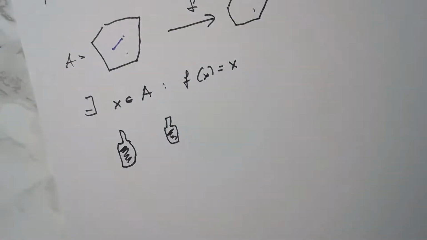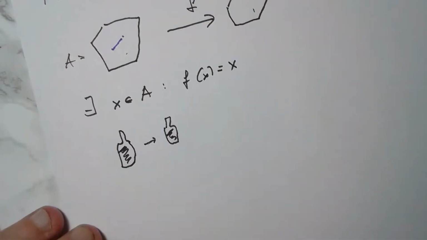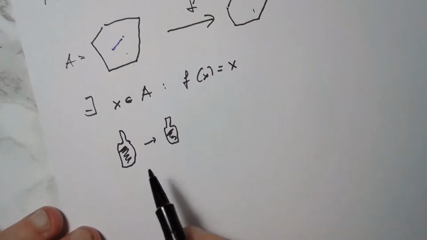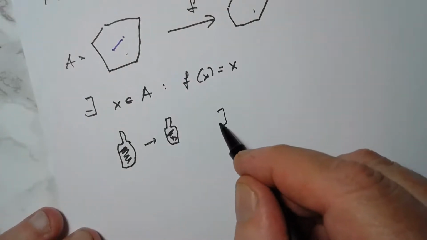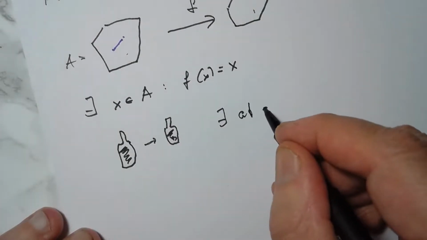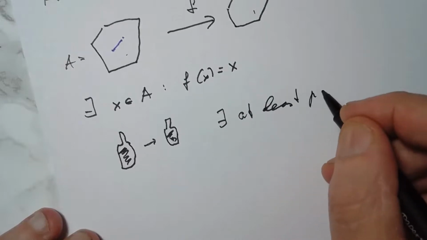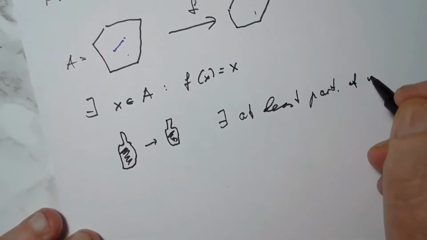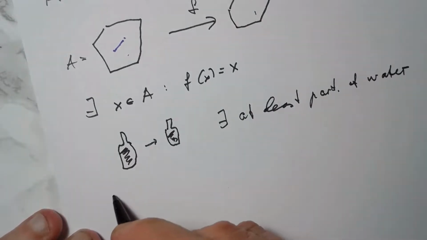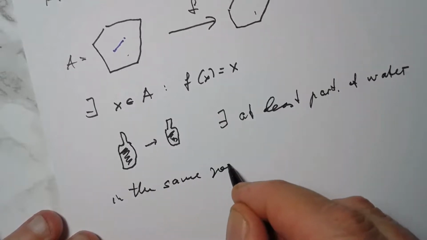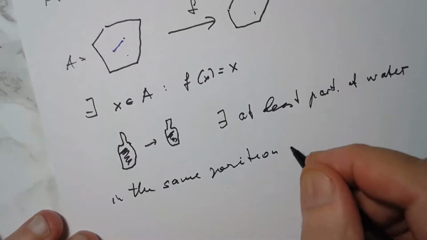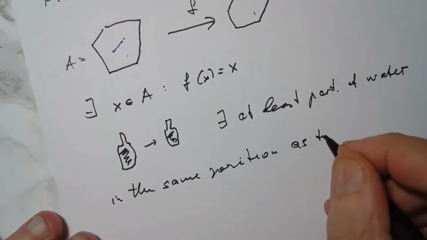Now, of course, the particles of the water may have changed position, but this will be a continuous function provided that the bottle is not broken. It will be a continuous function from this set into this set, and therefore there will exist at least one particle of water which will be in exactly the same position as where it started.